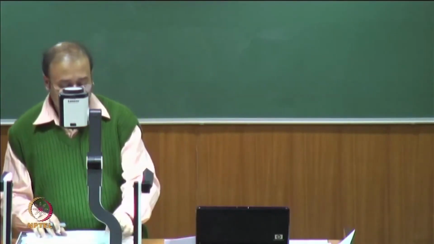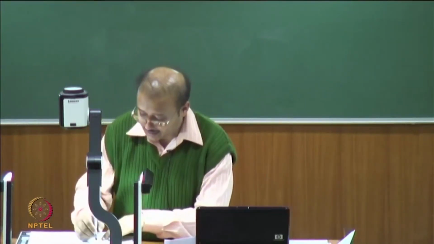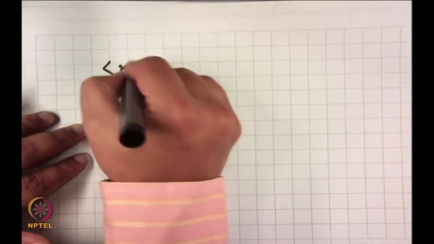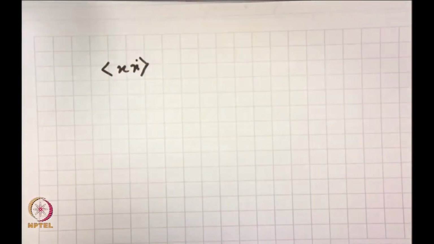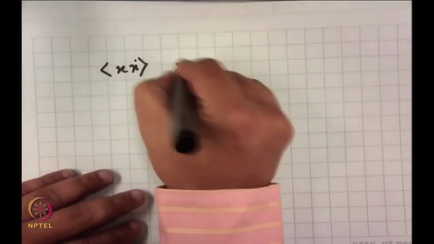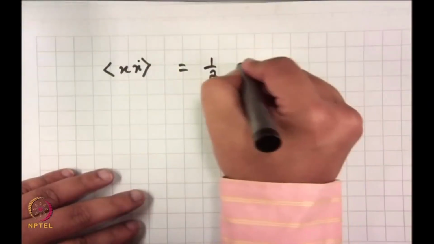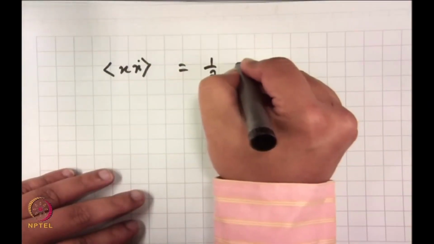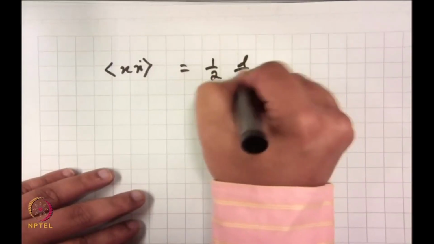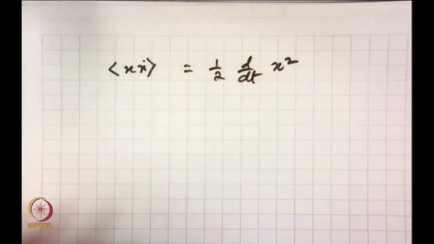So, going for this mean square displacement, this x dot, right. Now, I want to replace x dot. How can I replace it? Can I write this as half d by dt of x squared?